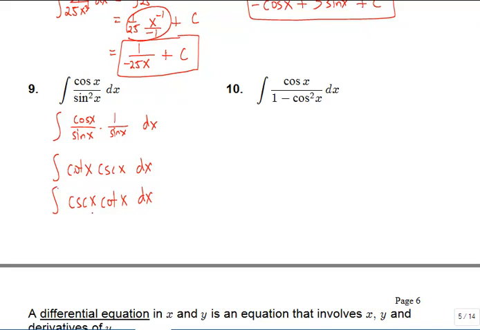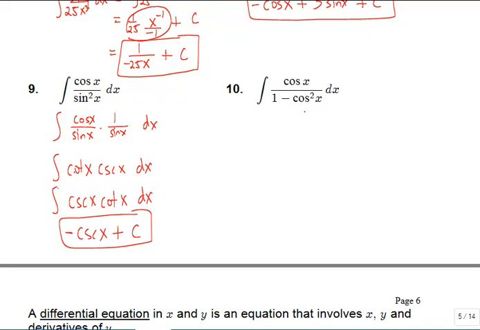What function has as its derivative cosecant times cotangent? Well, that's a cosecant, except the derivative of cosecant is negative cosecant cotangent. So I don't want that negative to show up, so I need a negative out front to cancel it out when I take my derivative. Put a plus c on the end, and now I have my answer.